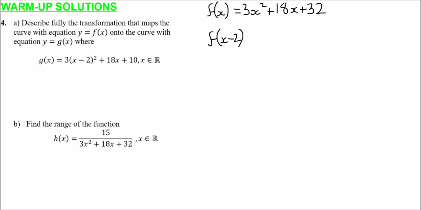all we're doing here is we're switching any instance of x with now x minus 2. So instead of 3 lots of x squared, we're going to have 3 lots of x minus 2 squared. Instead of 18 lots of x, we're going to have 18 lots of x minus 2, and then we add 32. So let's see what happens there.